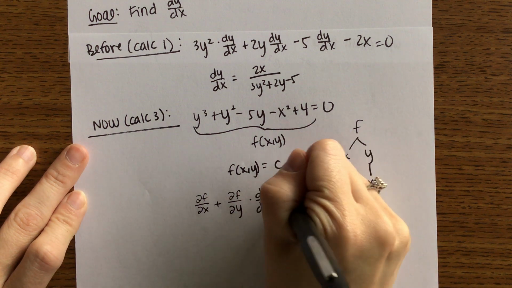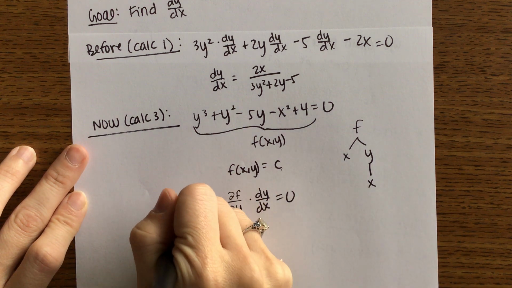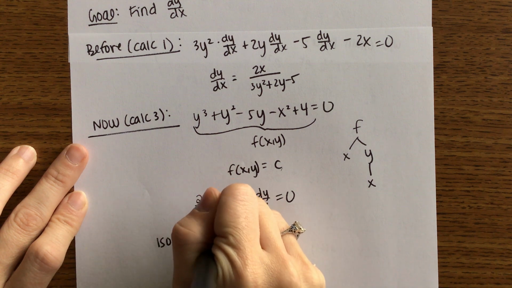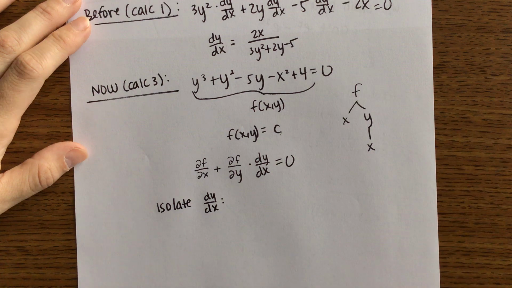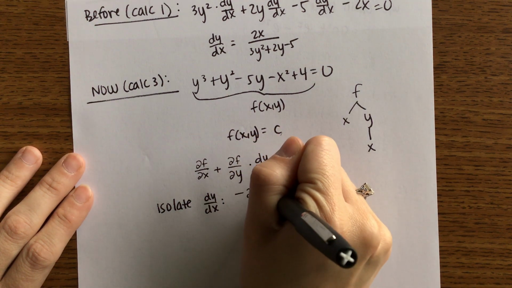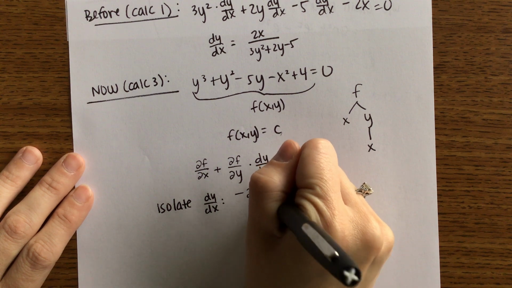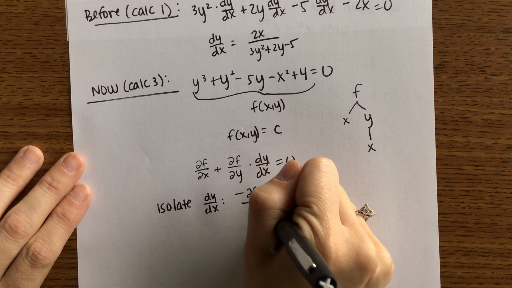And we know that that has to be equal to 0. So if we isolate dy/dx, we get negative partial of f with respect to x over the partial of f with respect to y.